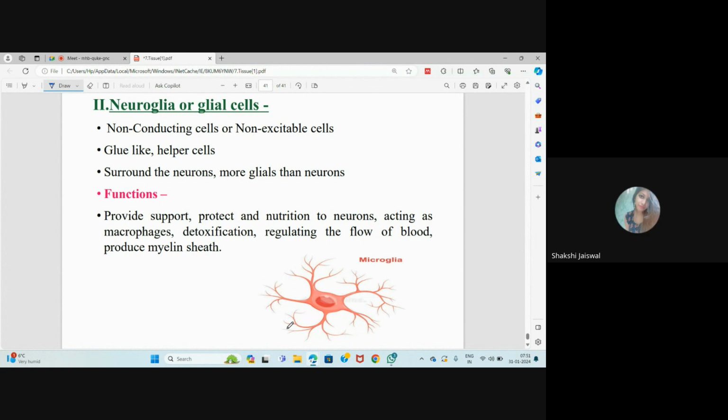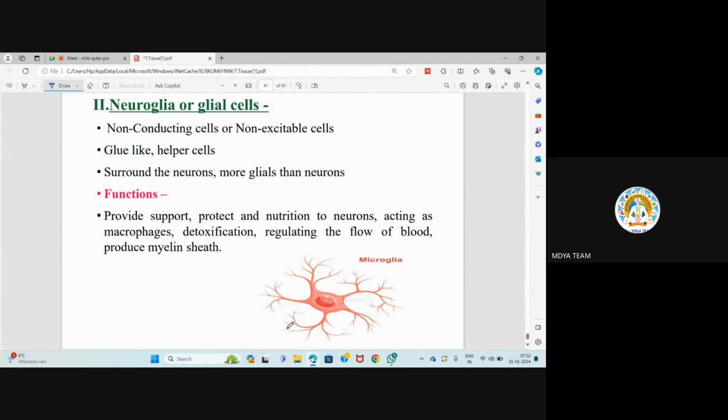Ma'am, can you please explain the terms non-conductive cell and non-excitable cell? Non-conducting means, in the case of neurons, we have seen that they receive information, process it, and conduct it.